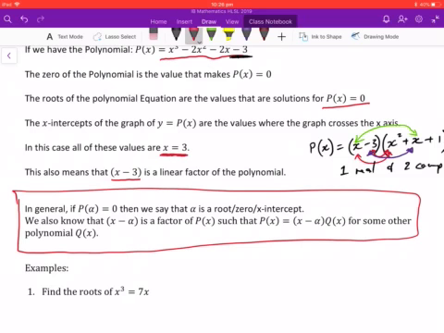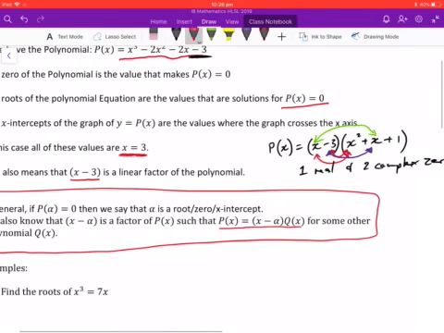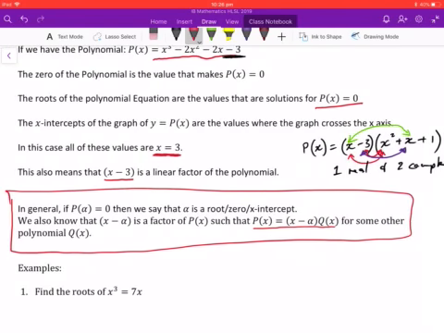We also know that x minus alpha is a linear factor of p of x, such that p of x is equal to x minus alpha times q of x, some other polynomial q of x. Similar to what we just did with x minus 3 and x squared plus x plus 1, which I would think of as q of x. That's just a bit of terminology.